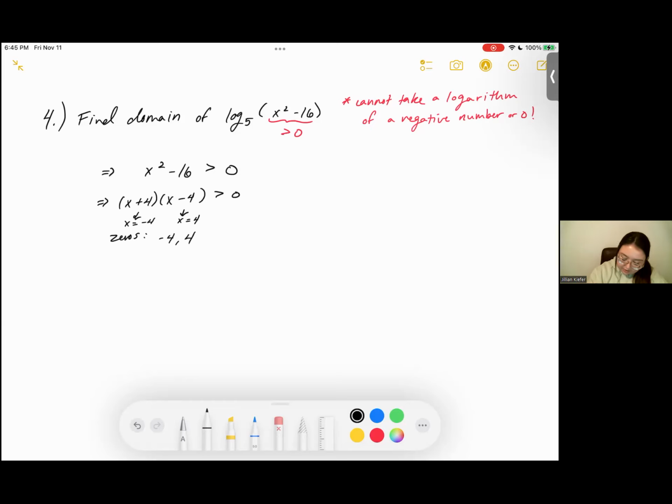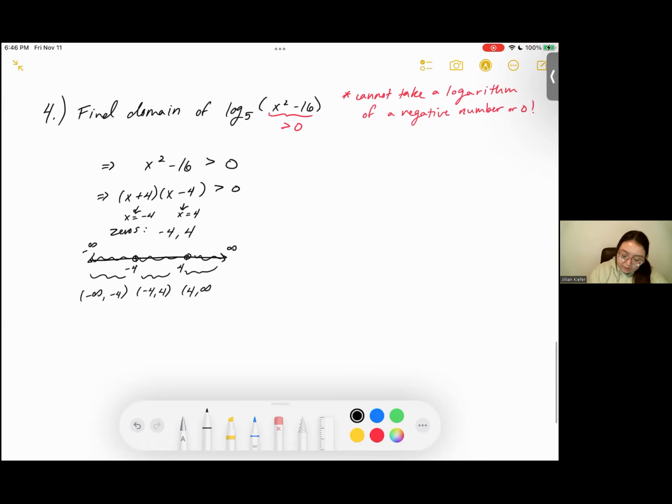So when we write out our intervals, we've got our number line from negative infinity to infinity. Got negative 4 and 4. Since we have a strict inequality here, they both cannot be included. And our intervals are everything in between. So we've got negative infinity to negative 4, negative 4 to 4, and 4 to infinity.